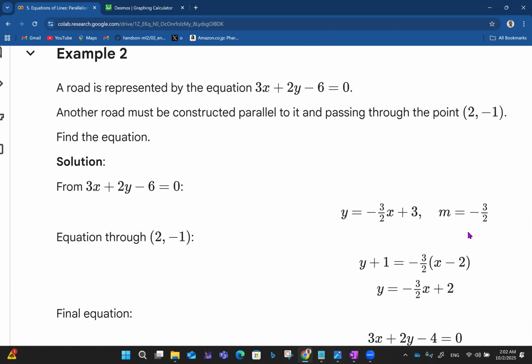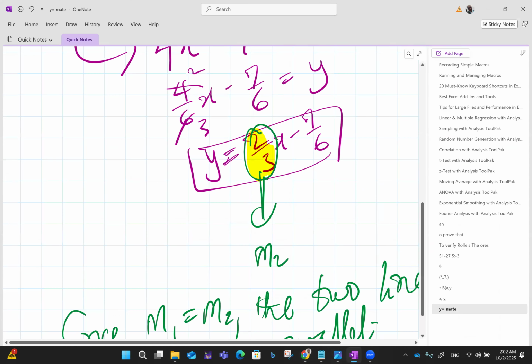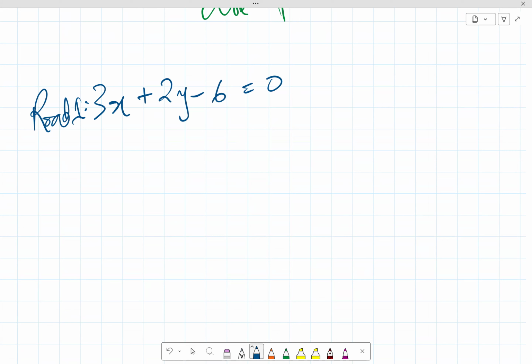Of course, it's solved here, but I think it makes more sense if I do it on the worksheet. So here now, we have the first road, that's 3x + 2y - 6 = 0. This is road 1. We can tidy this up and get the slope.